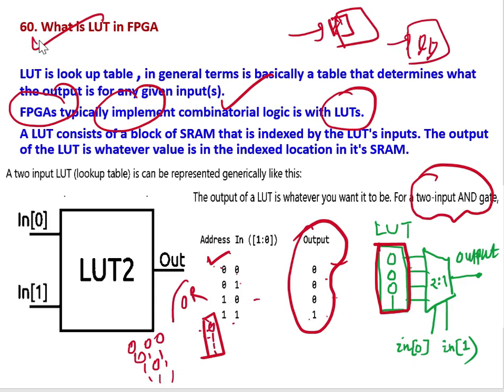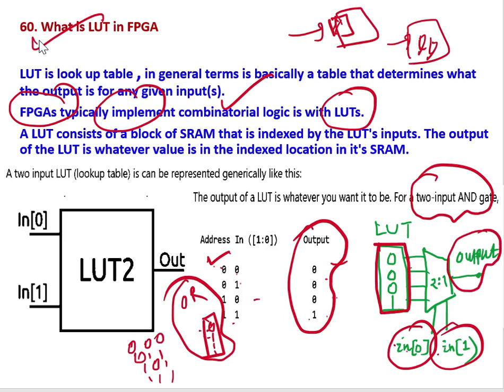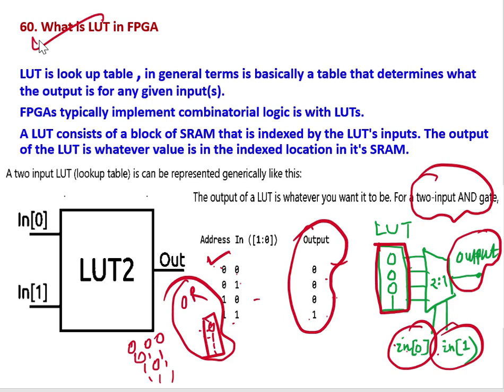So this is for OR gate, and this is for AND gate. Based on the input, whether it is 0 0, 0 1, 1 0 or 1 1, you get the output. So LUT is basically a table inside FPGA to implement combinational logic.